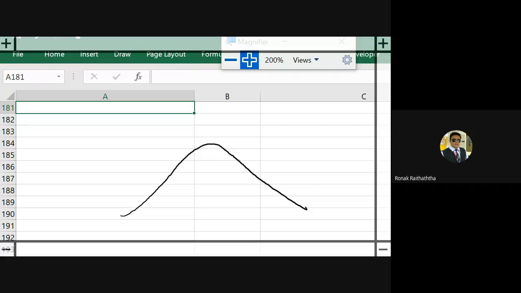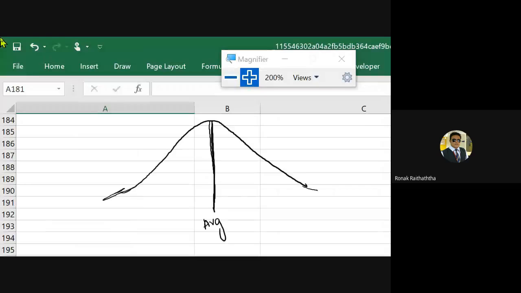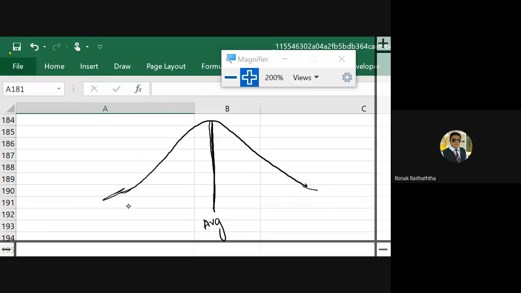Say all the returns you have got. Now here is the average return, right? Now how the standard distribution looks like, try to understand that. See, here is the average return you have, and within one standard deviation from that average, here you have 34% of all the returns.